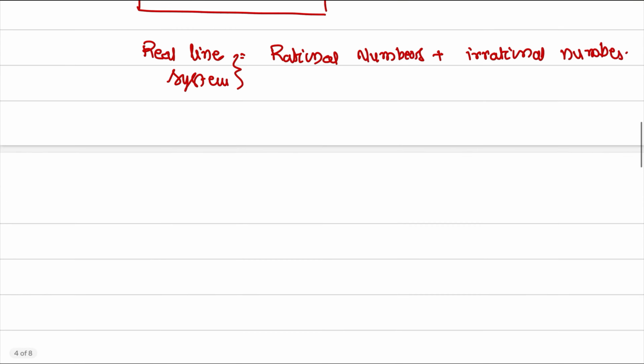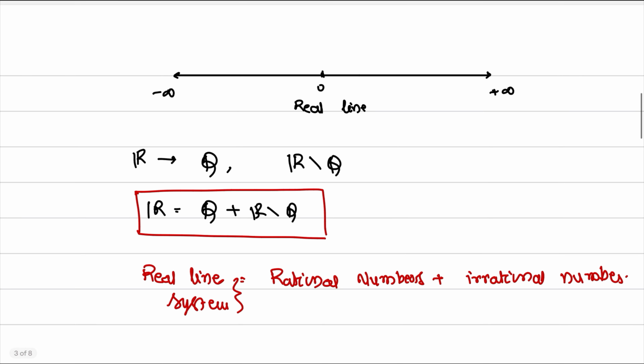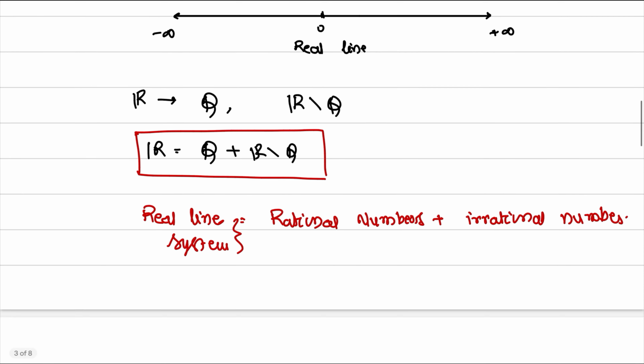Now, when a function is defined for rational numbers separately and for irrational numbers separately, then for that function to be continuous on a real line, please try to understand this concept, very important.